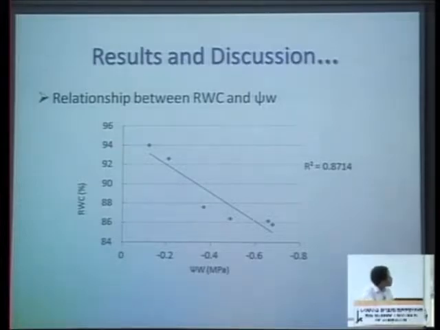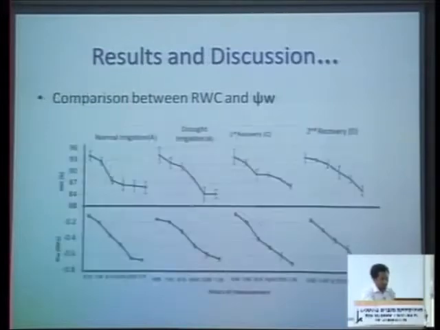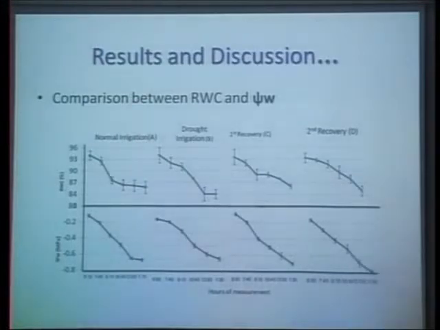So I can say that it is not linear from the graphs and from the results. So I tried to see the linearity of the water potential and the relative water content of each experiment: normal, drought, first recovery and second recovery. Here the relationship is non-linear.